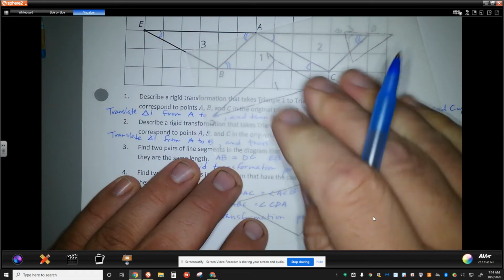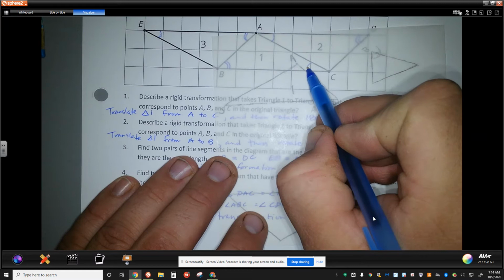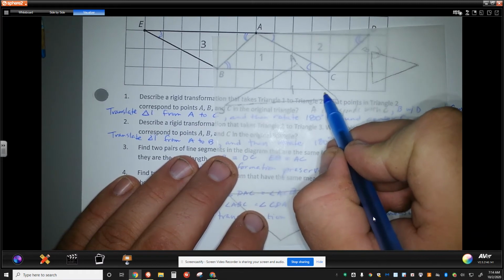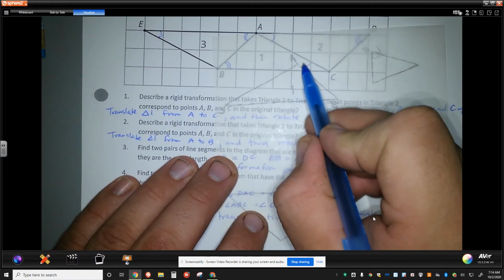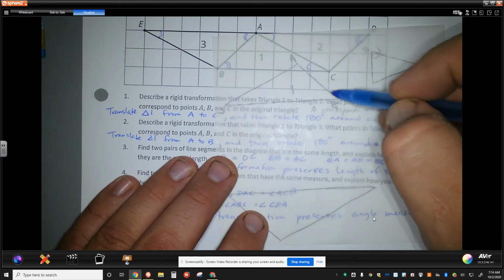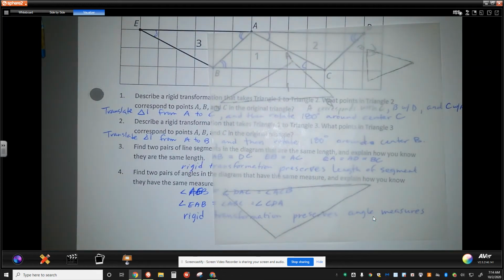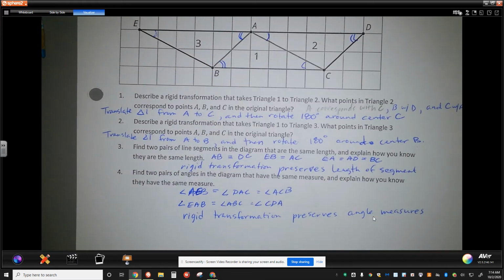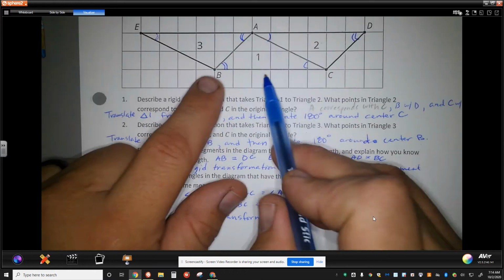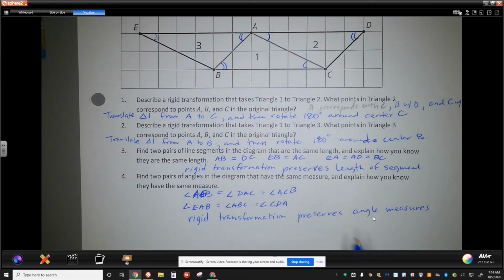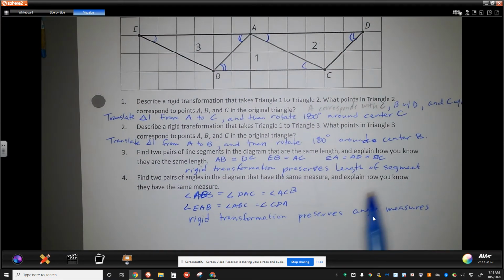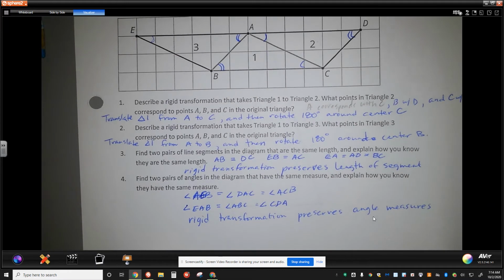This angle is still equal to the original angle. This angle is still equal to its original, and this angle is still equal to its original. This segment is still equal. You get the point, I hope, is that we don't change any elements of the measurements at all. We just change the position and the orientation of the figure as we move it about the plane. And we call that a preservation of the different components to keep it in that size.